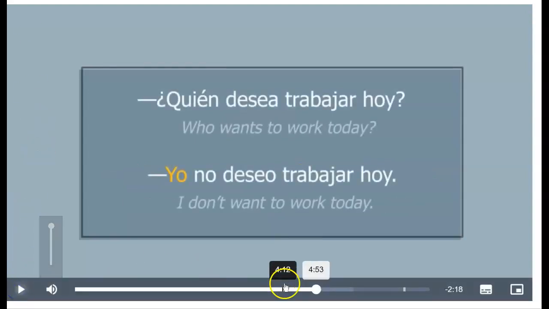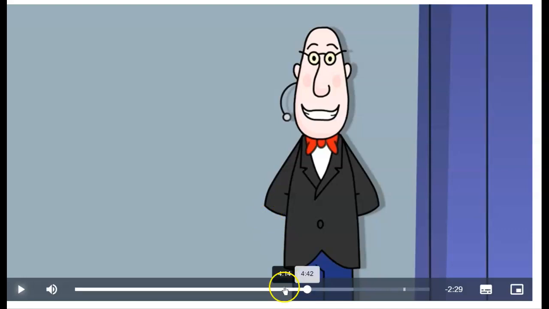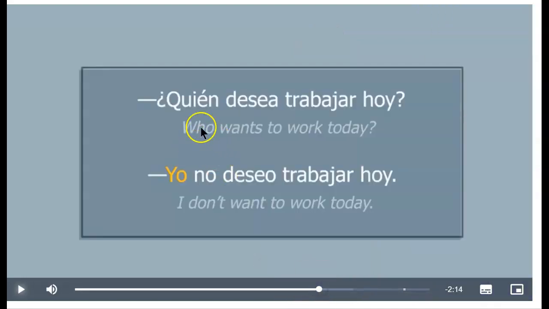Let's go back and look at that for just a moment. Okay, who wants to work today? Who desires to work today? I don't want to work today. You did not need that yo in there because this O right here tells us who the subject is. Only yo goes with deseo. But if you really want to emphasize it, I want to work today, you would include it.